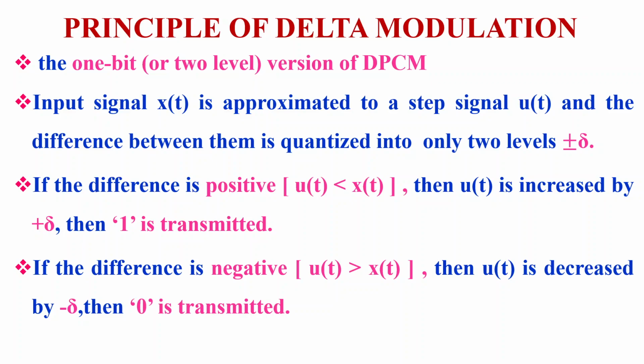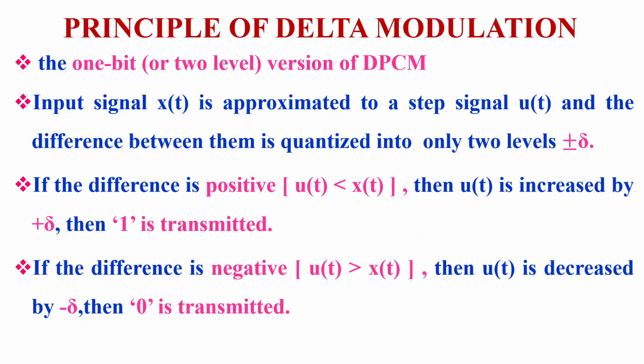Next, the input signal x of t is approximated to a staircase step signal u of t, and the difference between them is quantized into two levels, plus delta or minus delta.